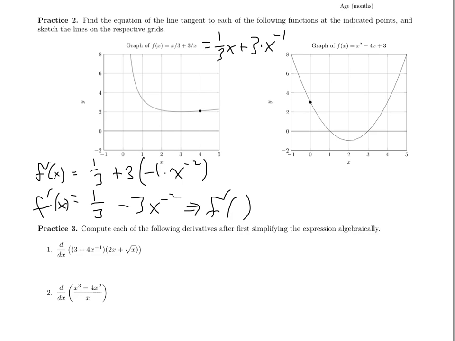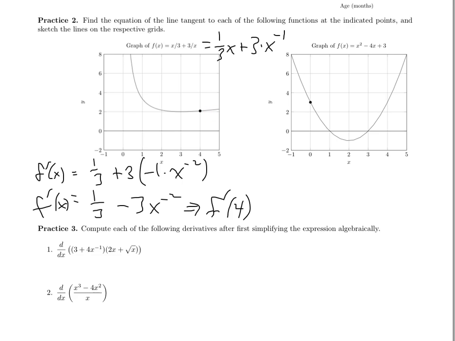which means that the derivative at this point, this is the point where x is 4, so f prime of 4 is going to give me the derivative at this point, and the derivative at this point will be the slope. And we can tell from looking at it that it's going to be a very small number. Remember, a slope of 0 is horizontal, and this slope is almost horizontal.